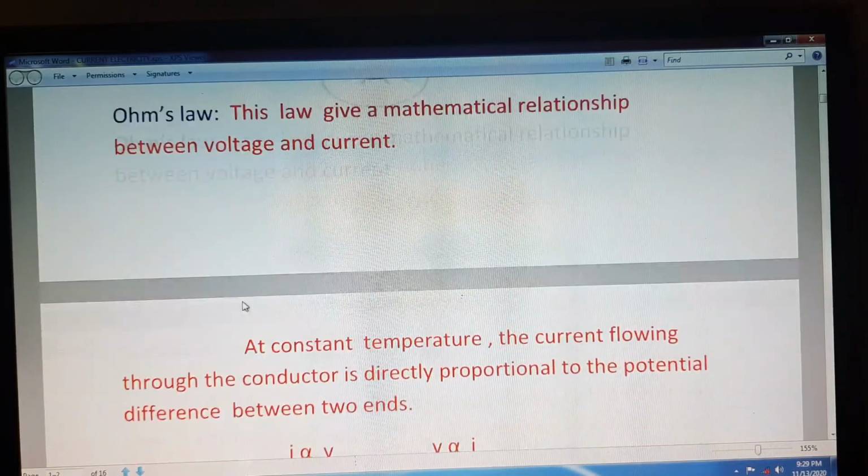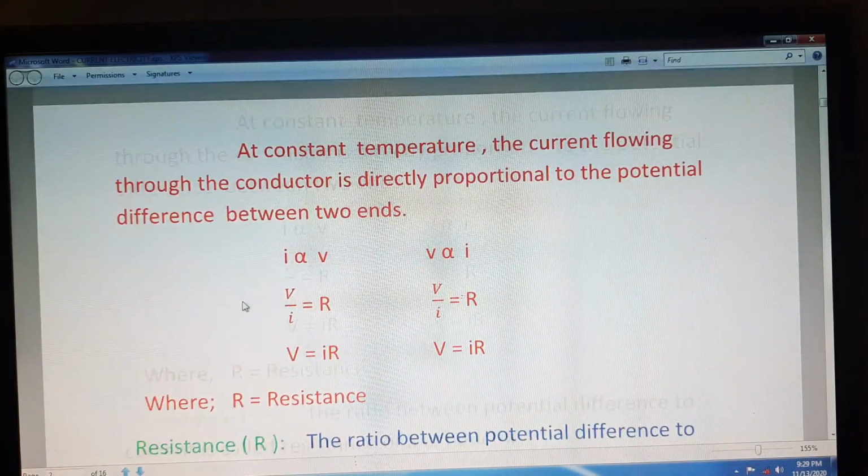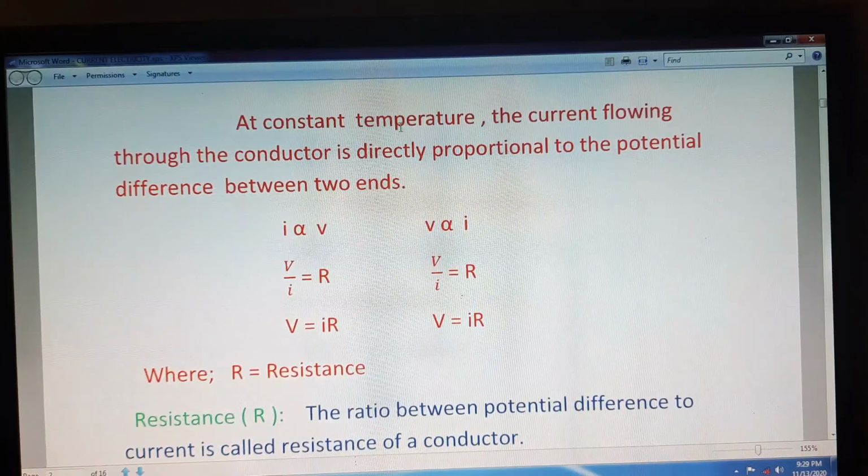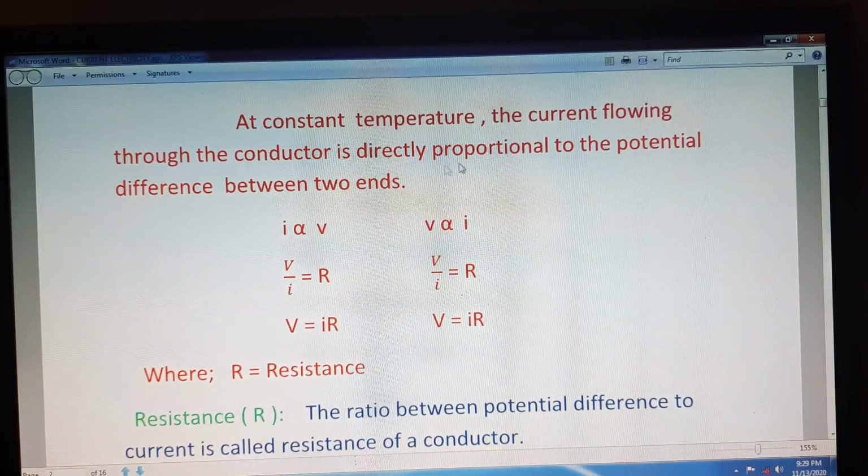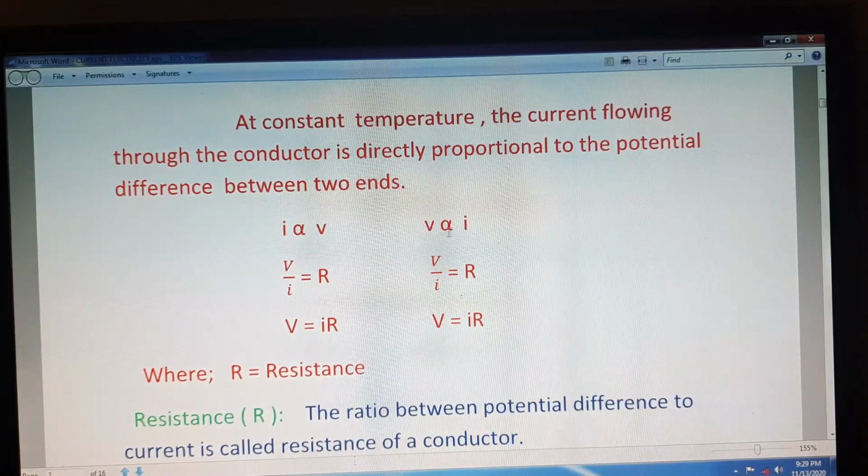From the definition of Ohm's law, at constant temperature in a current carrying conductor, which has two ends, the electric current flowing through the conductor is directly proportional to the potential difference between the two ends of the conductor, means V proportional to I or I proportional to V.